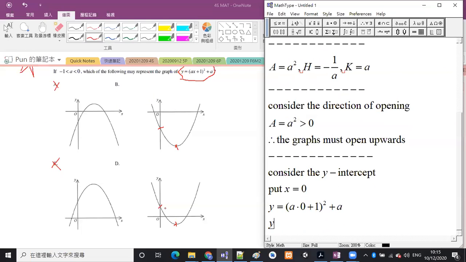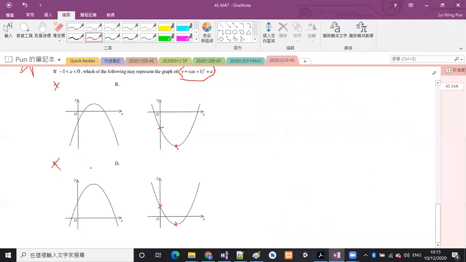And then you get that y is equal to 1 plus a. But how do we know whether 1 plus a is larger than 0 or less than 0? 咁呢度，我哋成日都會漏咗一啲嘢嘅，就係呢一句。Can you see this? Negative 1 is less than a and a is less than 0.